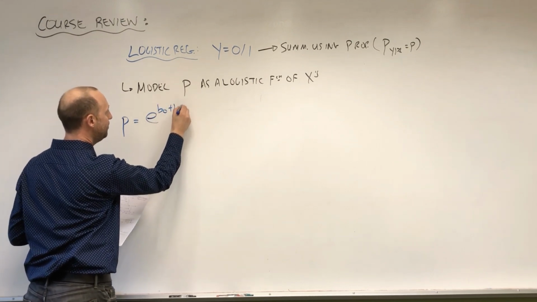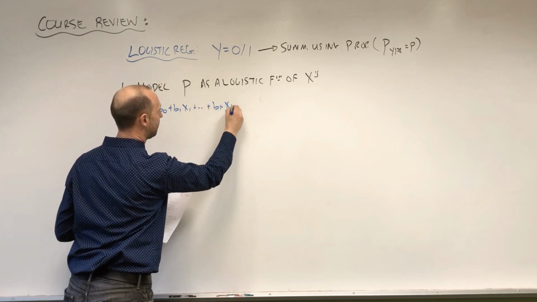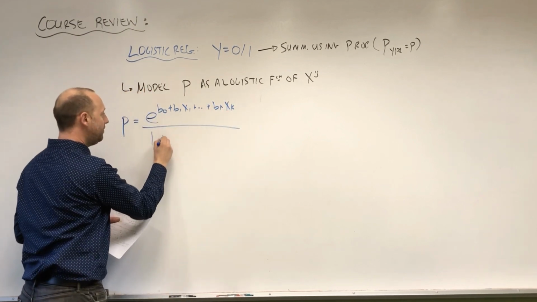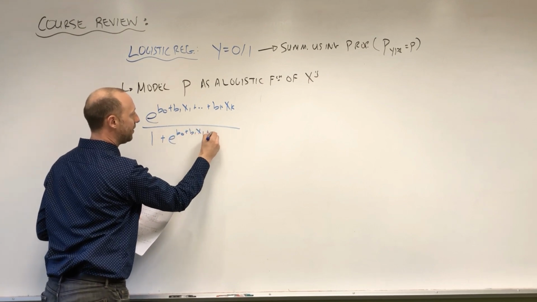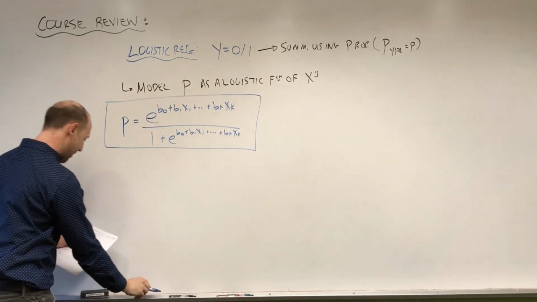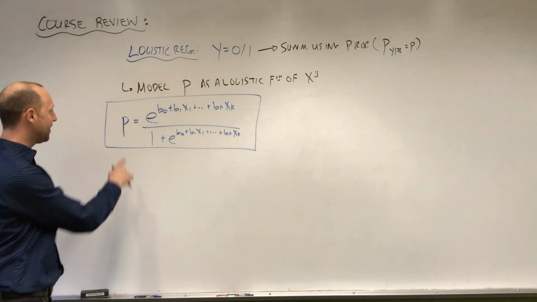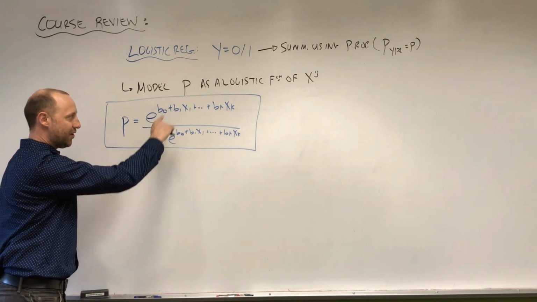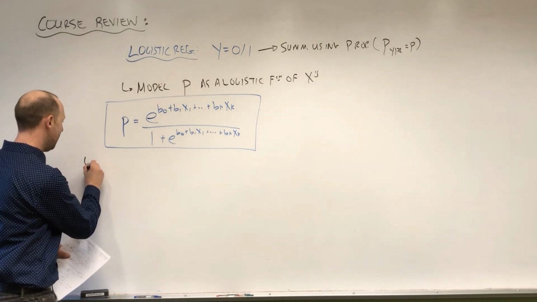E to the b naught plus b1 x1 all the way up to bk xk over 1 plus e to the b naught plus b1 x1 all the way up to bk xk. This was one way of thinking of the model. We're modeling what's the probability of getting the disease as this logistic function, tends to form a sort of S-shaped curve.